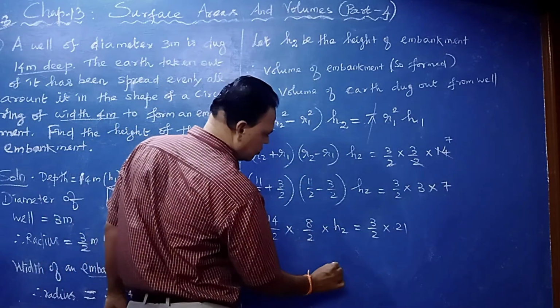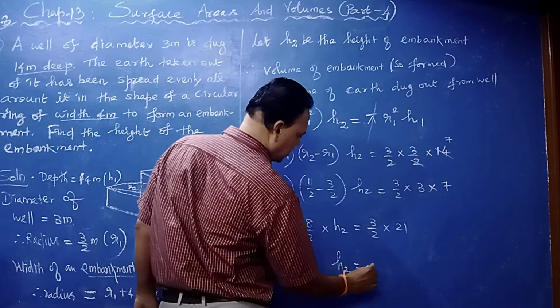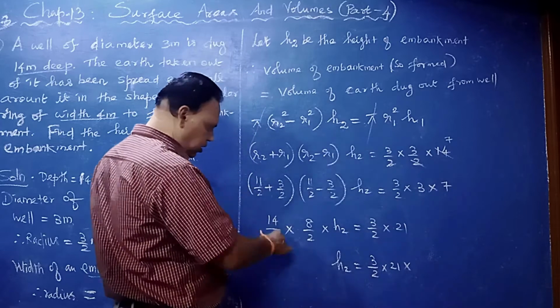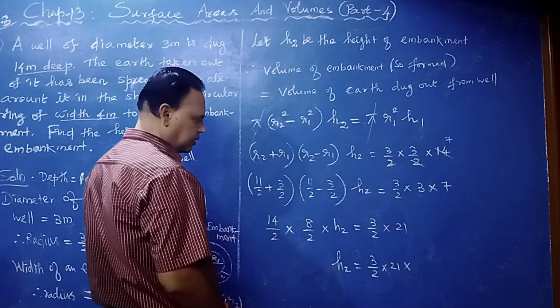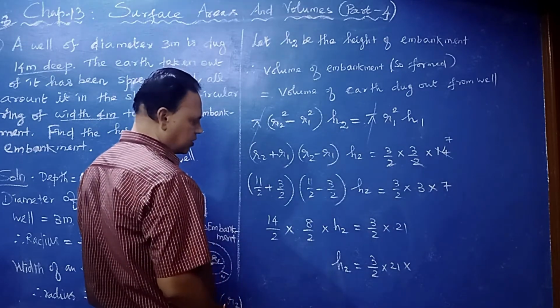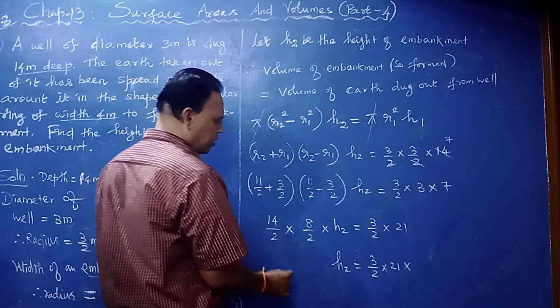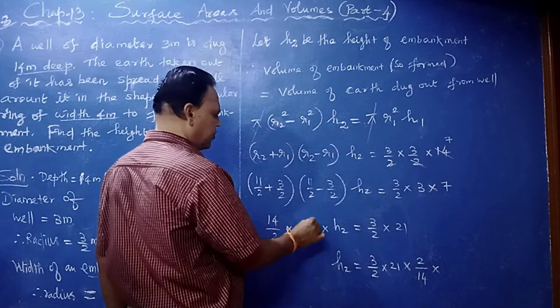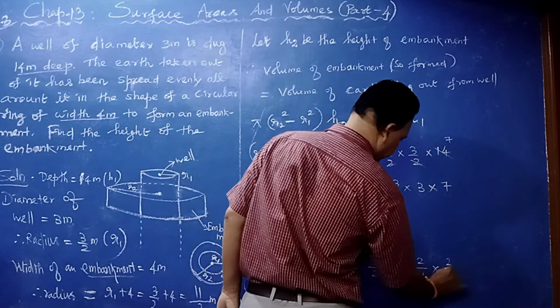Now H2 equals 3 by 2 into 21, and this side you bring, means 2 by 14. Simply write. Okay, this will become 2 by 8.